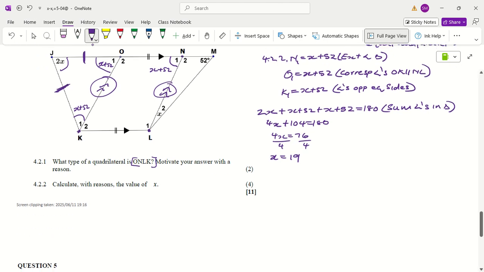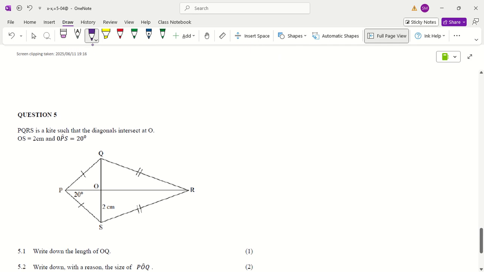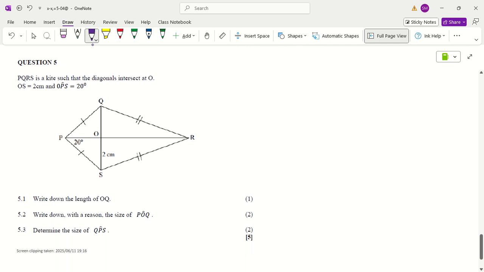Let's see the next question. The next question is question 5, and for 5.1 we need to write down the length of OQ, but let's read the information. PQRS is a kite such that the diagonals intersect at O. So we know that in a kite, diagonals intersect at 90 degrees, and also the larger diagonal bisects the smaller one.